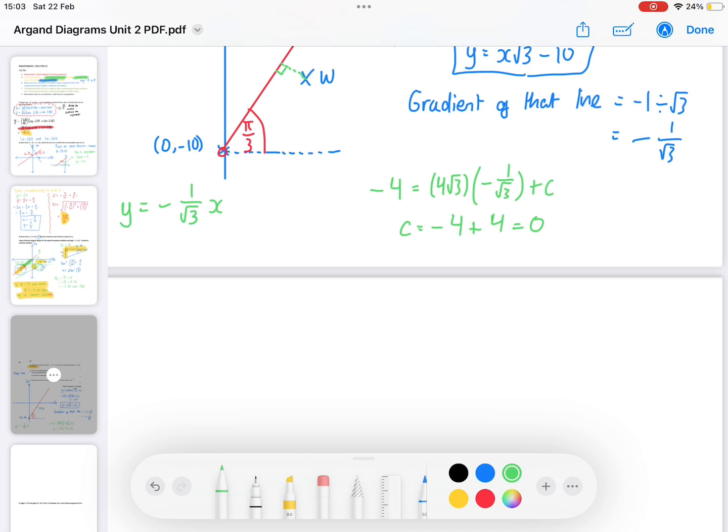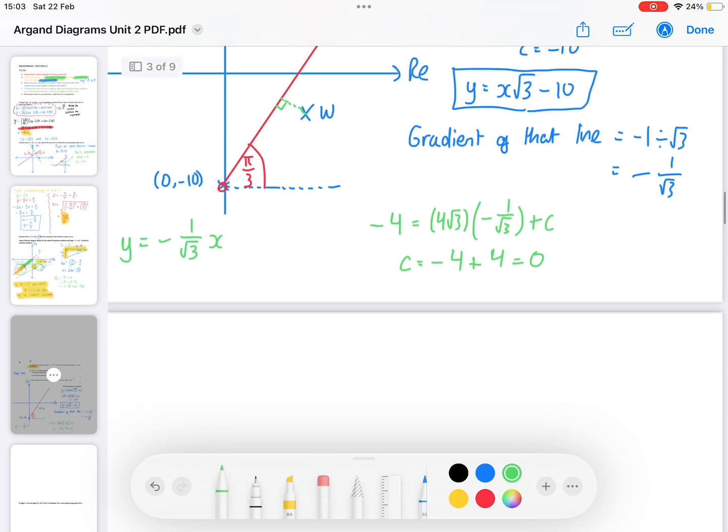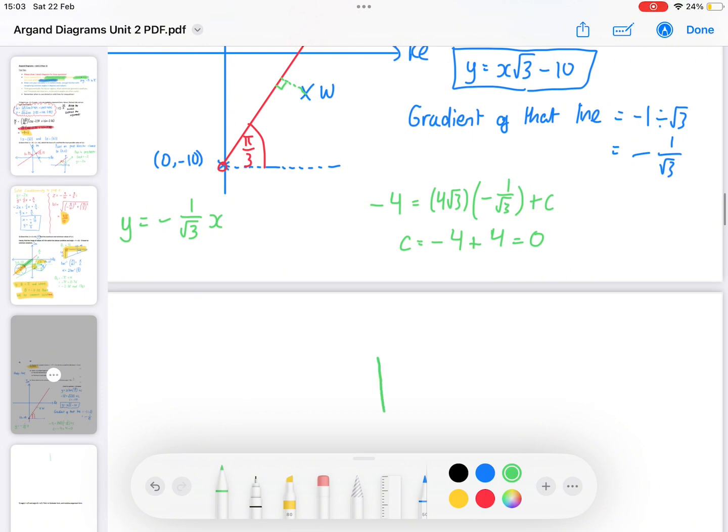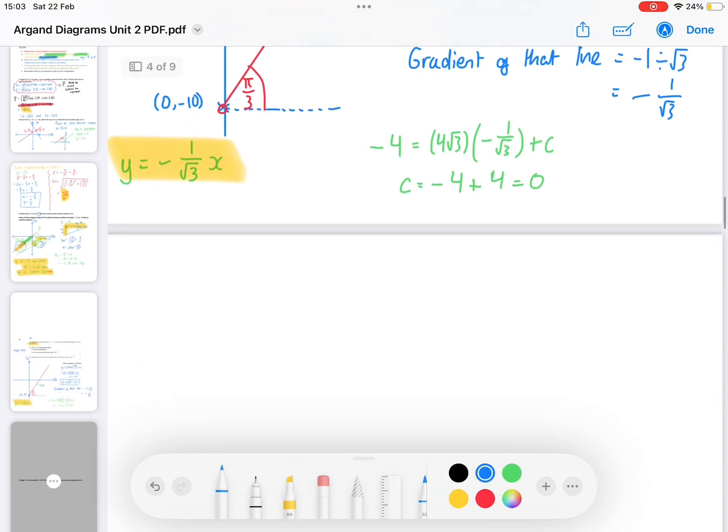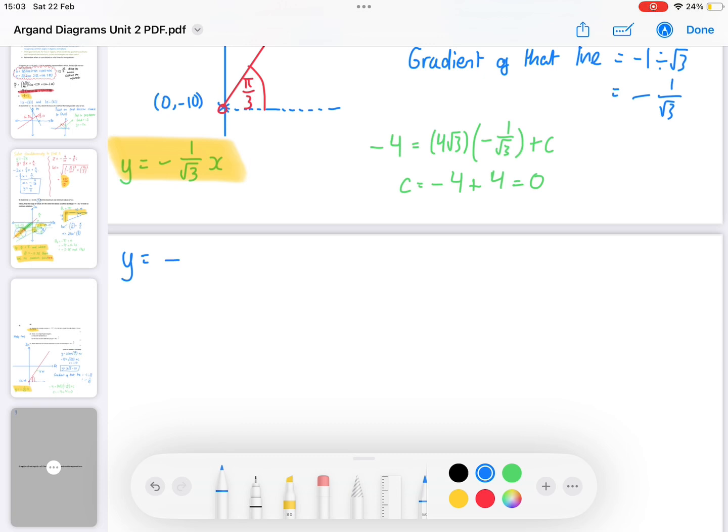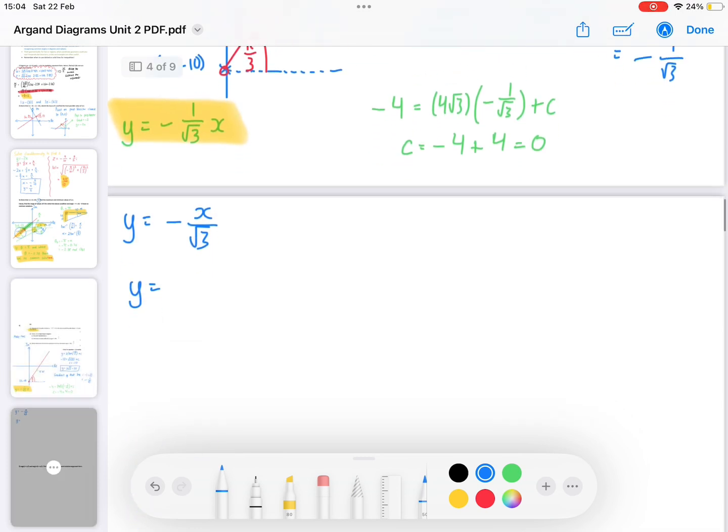And we need to find the point where the half line intersects with this equation here. And we can do that by solving them simultaneously. So we have y equals minus x over root 3, and we have y equals x root 3 minus 10. So you set them equal to each other. Minus x over root 3 equals x root 3 minus 10.